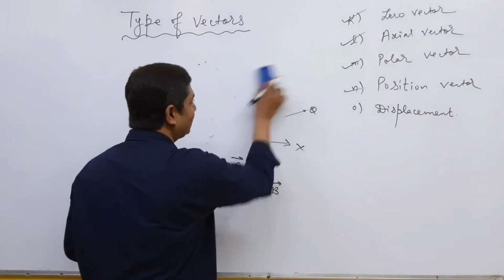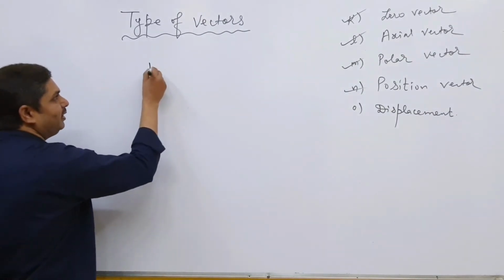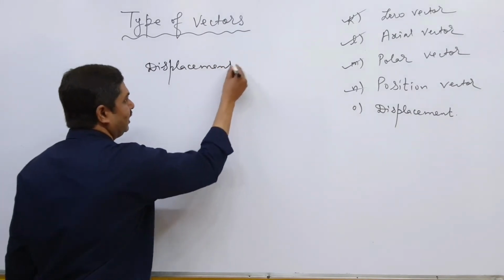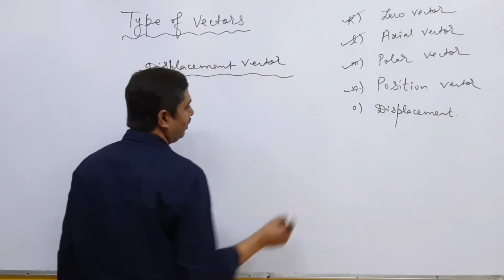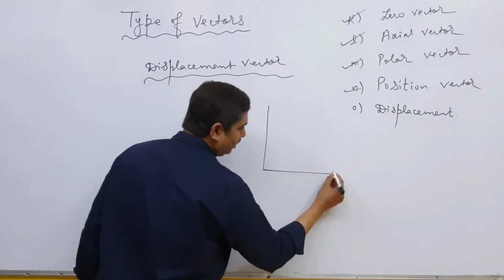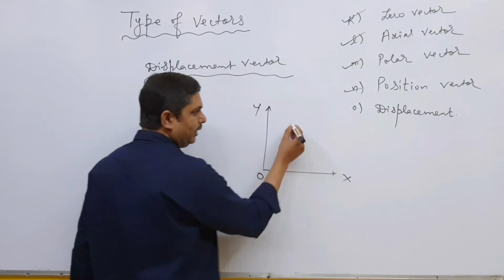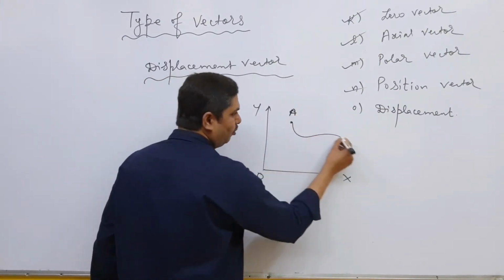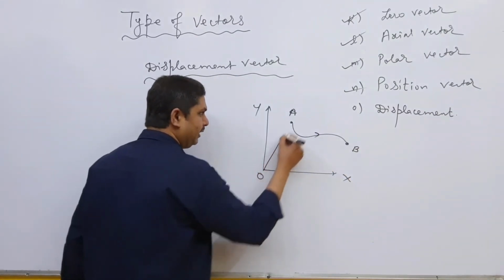Now next is the displacement vector. Let us see it carefully. Let us draw the x-axis, y-axis, origin. Let a particle be at point A, and this particle moves to point B along this path. We join this line.